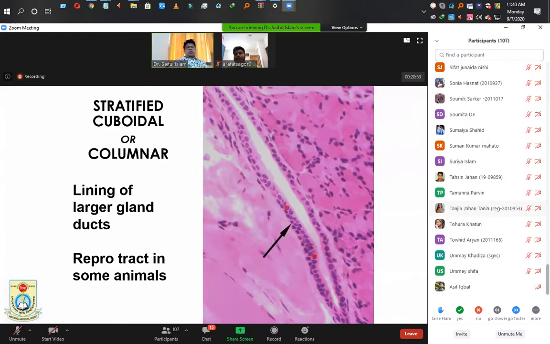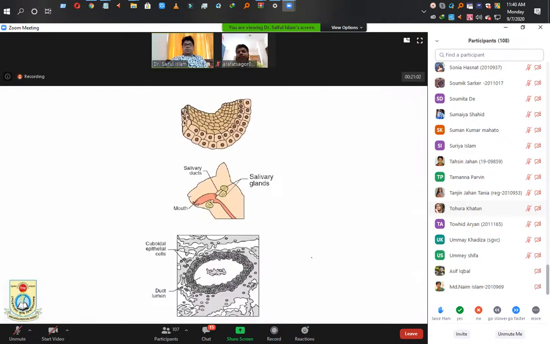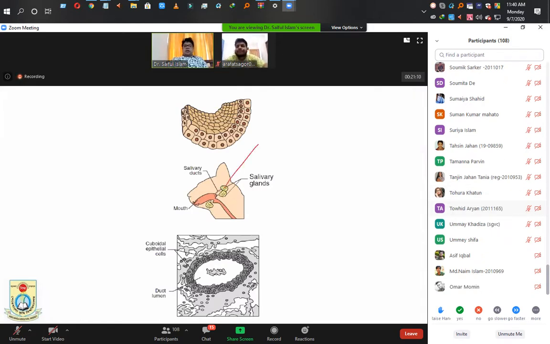Also the reproductive tract in some animals is lined by stratified cuboidal or columnar epithelium. This picture shows some glands, called salivary glands. The salivary glands have ducts, and these ducts are lined by stratified cuboidal epithelium.